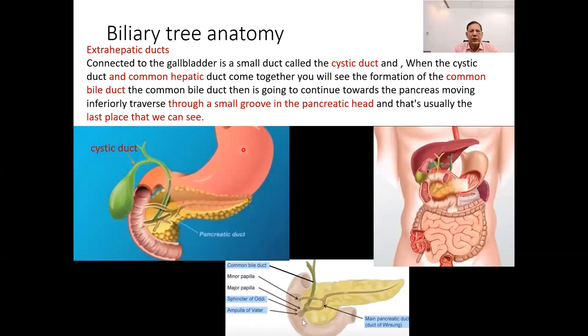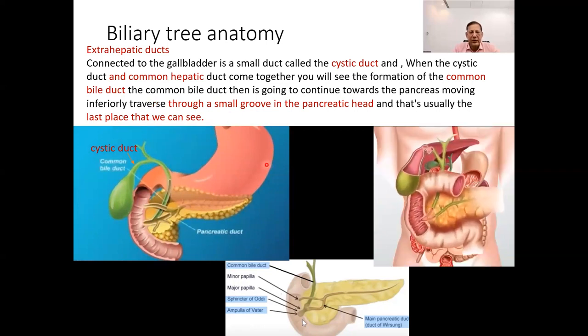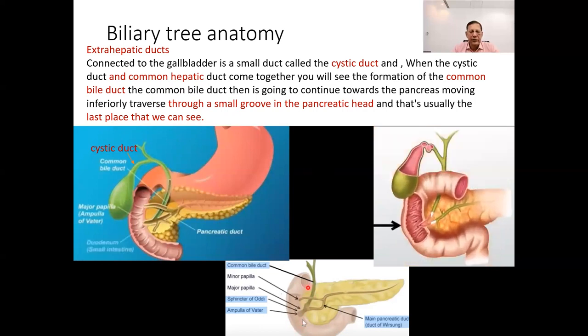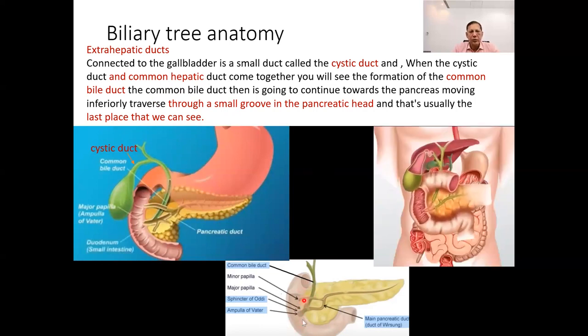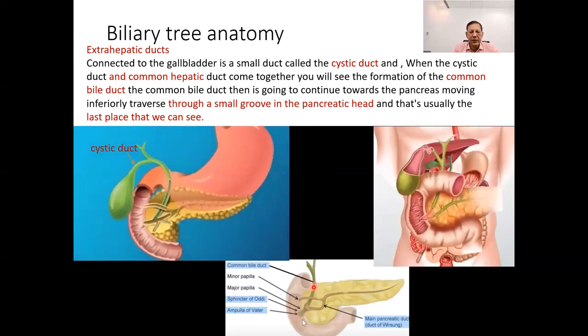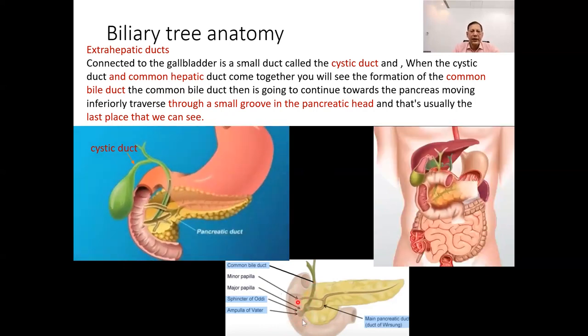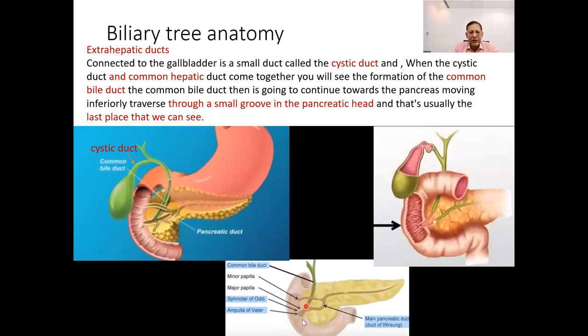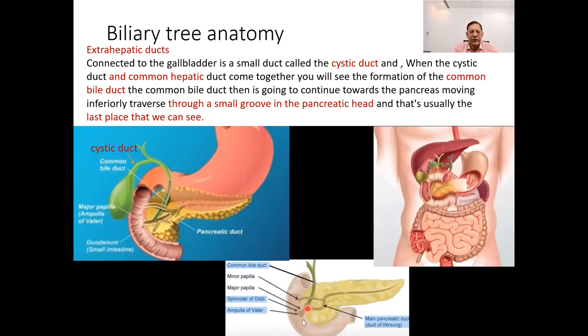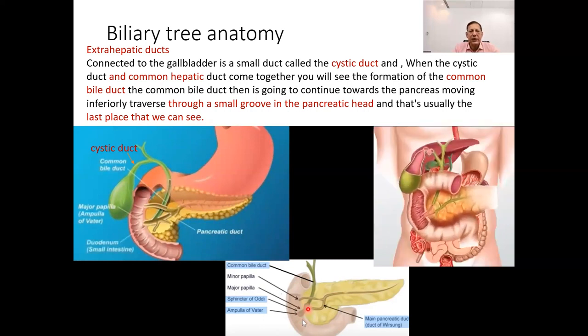Now this common bile duct continues towards the pancreas, moving inferiorly and transversely, and travels through a small groove in the pancreatic head, and this is the last place where we can see the common bile duct on ultrasound.